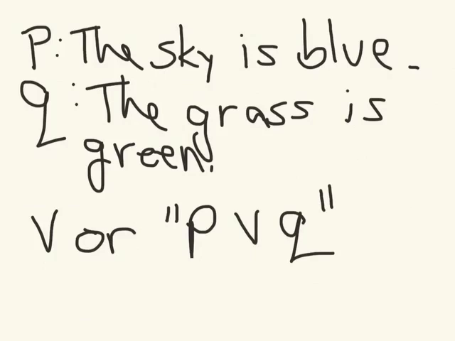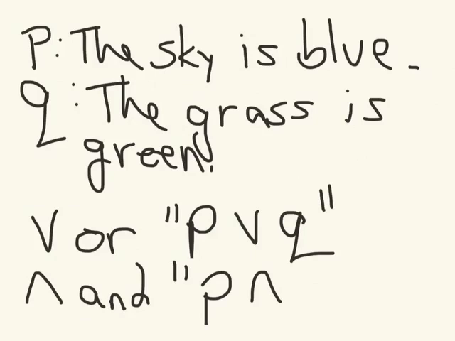That says the sky is blue or the grass is green. We have another symbol which is like an upside down V, which means and. And if we say P and Q, I'm saying the sky is blue and the grass is green.